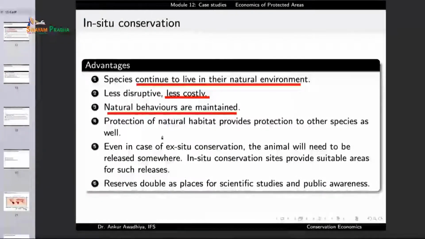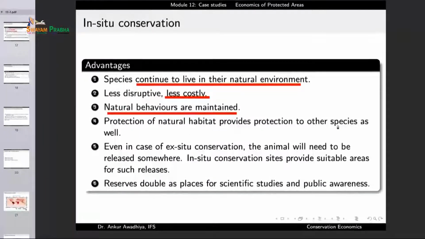You do not have to set up facilities such as a veterinarian's office or an OT or cages for individual organisms. You do not have to bring in food from outside to feed these organisms and so on. So it is much less costly as compared to an ex situ conservation facility.